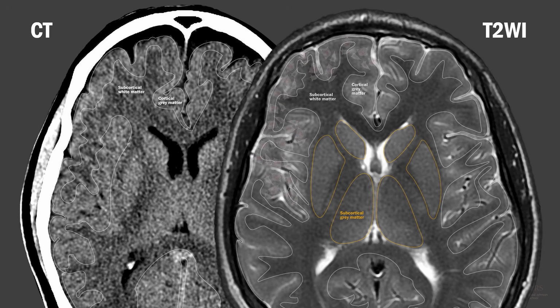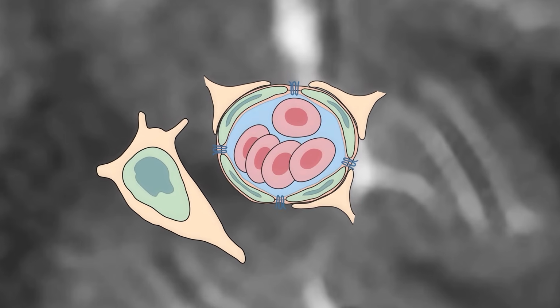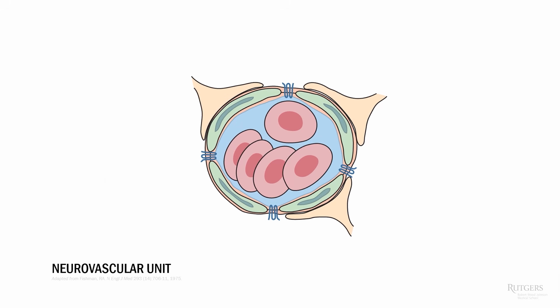What is actually happening on a cellular level in all of those crevices? I know, you're allergic to basic science, but stay with me. Have you ever heard of the neurovascular unit? This unit consists of astrocyte foot processes wrapped around capillary endothelial cells, which are connected by tight junctions.